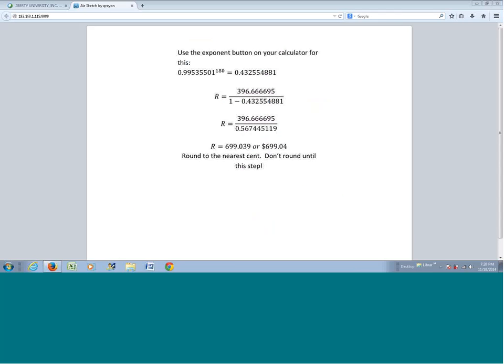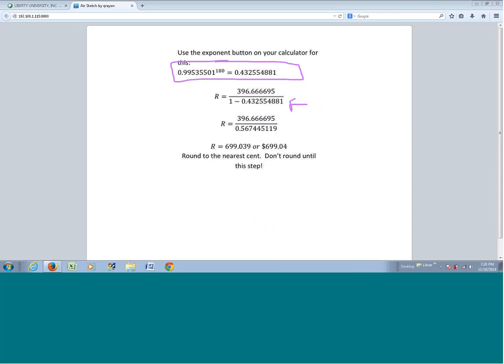So I use the exponent button on my calculator. Gives me this, 0.4325548881. That goes right in that spot in the denominator.